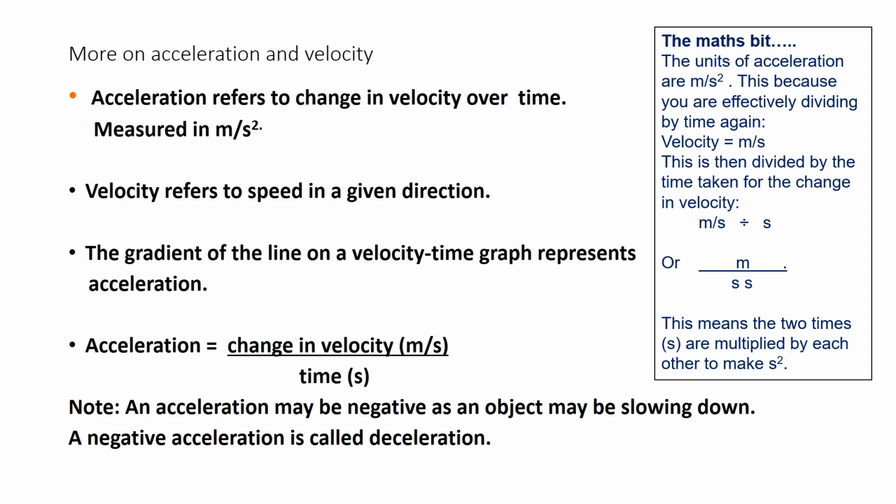Here we've got velocity in meters per second being divided by time in seconds. That means we've got meters per second and seconds. Therefore, we have two lots of seconds, which is why we get seconds squared. All right.